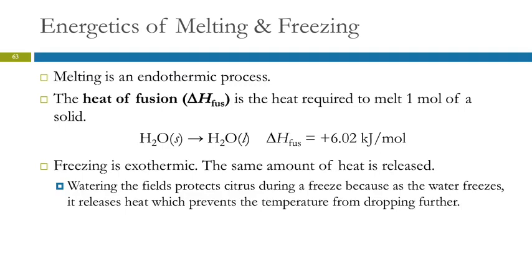Oranges don't freeze at 0 degrees. I remember the numbers in Fahrenheit. So 32 is the freezing point of water in Fahrenheit. So the oranges are in danger around 26, 27 degrees. If it stays down there for a few hours, it's really bad news. So we use the freezing of water to keep the field warm.